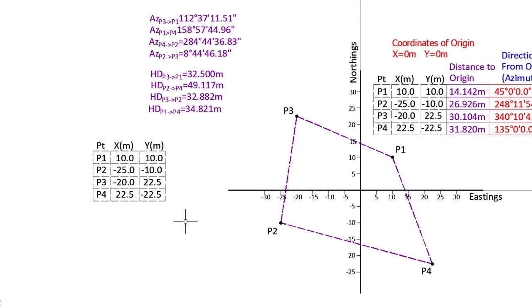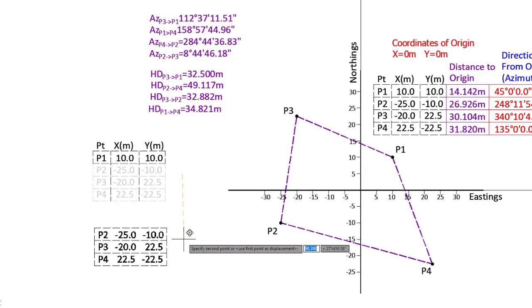Then I need to organize the coordinates in a clockwise direction. So I just need to pick an initial point. Let's see which one. All right, I'm just going to start from P2. And if we are going clockwise, then the following point is P4. So I'm going to move these cells a little bit to this area.